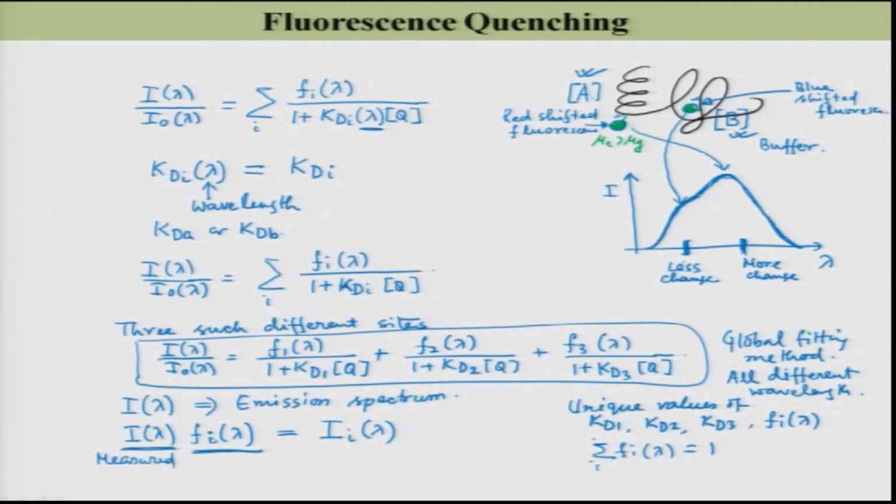So, if you multiply this measured spectrum with all these Fi lambda, you will get the spectrum for the ith species, and that is what we call the quenching resolved emission spectra.